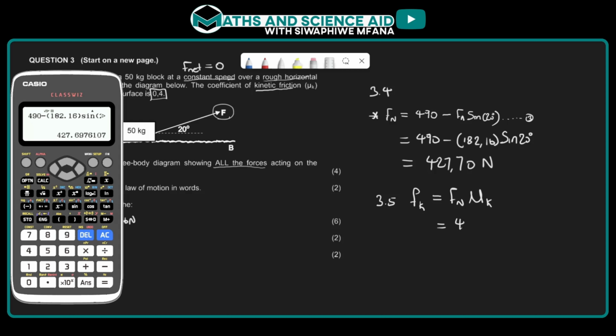So since our normal force is 427,70 and our coefficient of kinetic friction is 0,4, the product of these two numbers is going to give us 171,08 newtons, because this is also a force. So these are the final answers for 3.4 and 3.5.